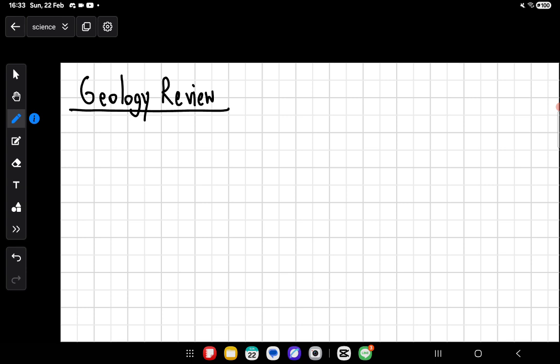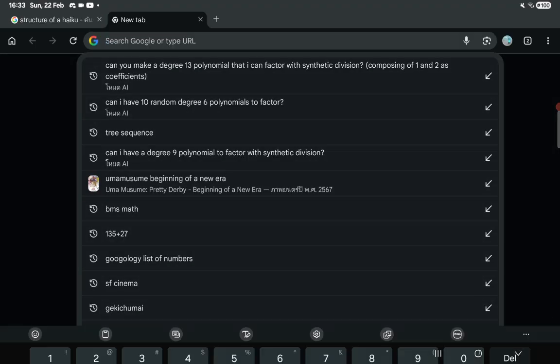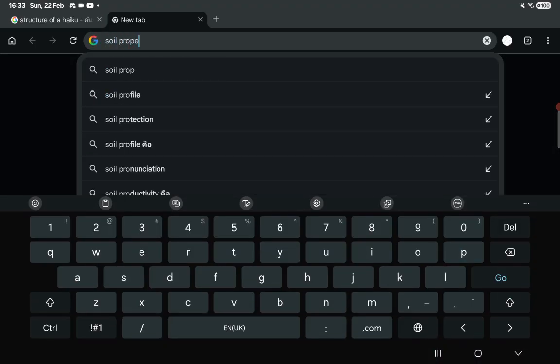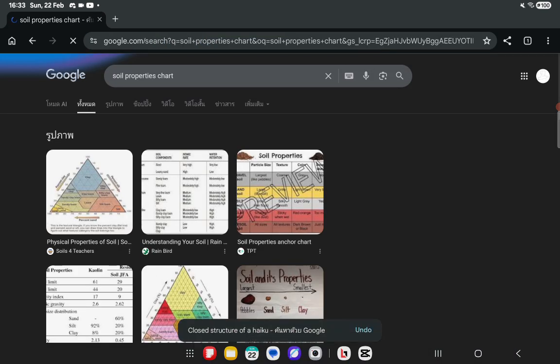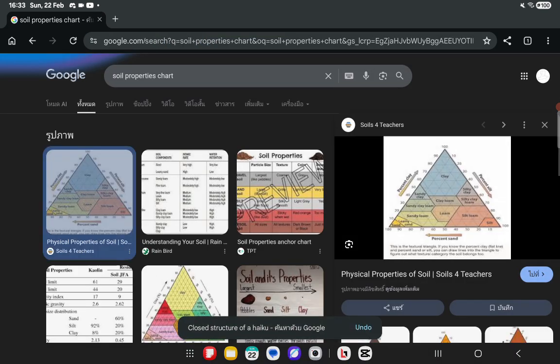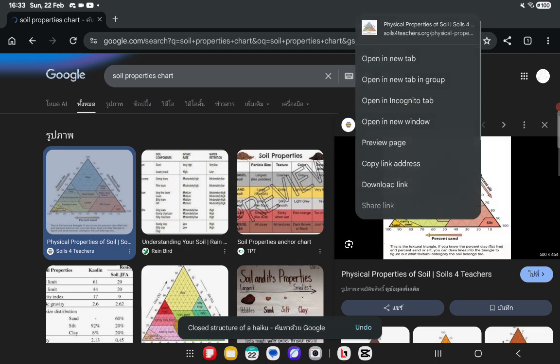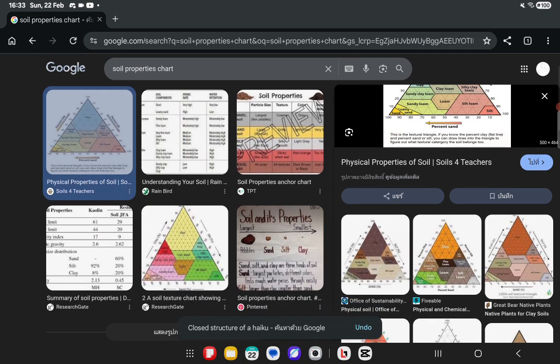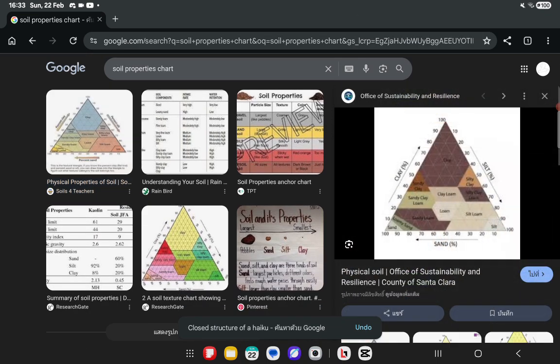So the soil properties, for example, if I want to give a nice example, let's go search it up on Google, right? Soil properties chart. So if we go look at this, I'm going to get an image that's somewhat high quality.